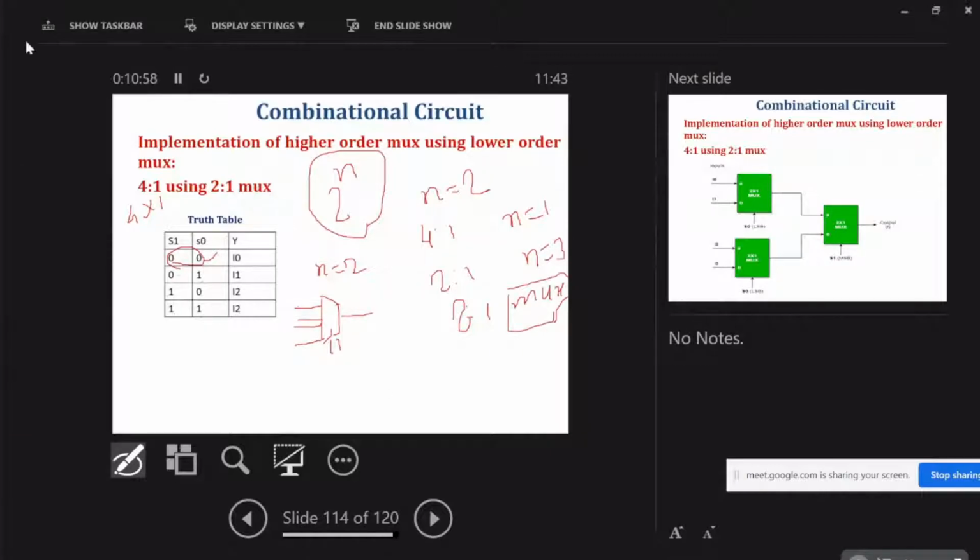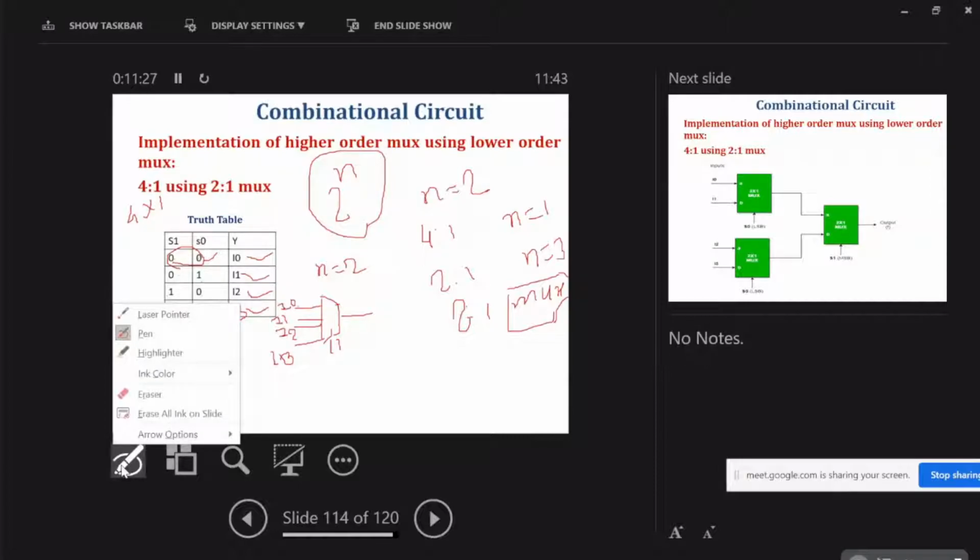For 0 0 the output will be I0. Suppose the inputs are I0, I1, I2, I3. For 0 1 it is I1, for 1 0 I2, and for 1 1 I3.